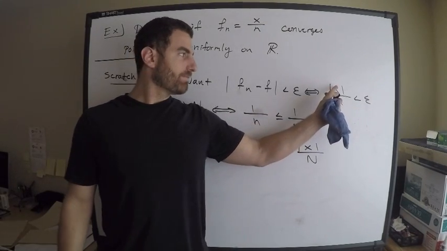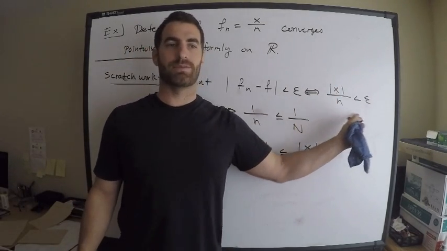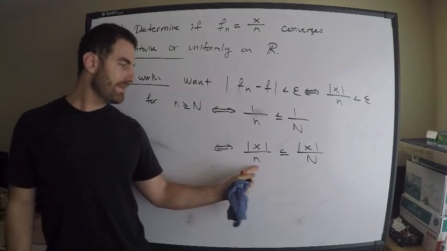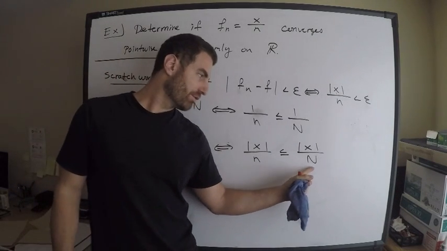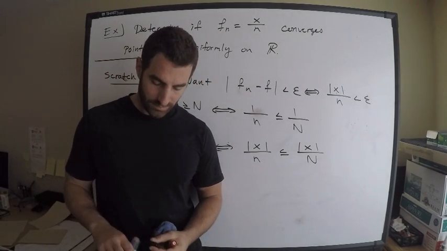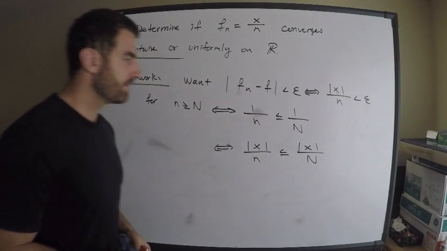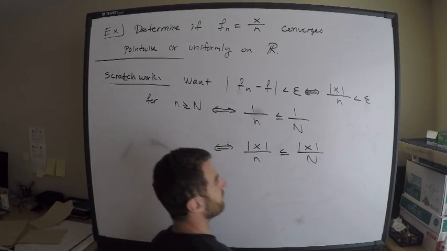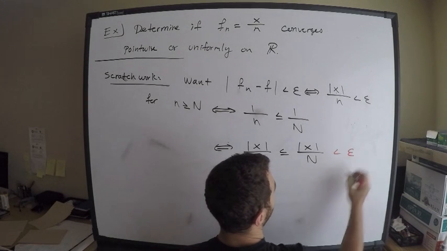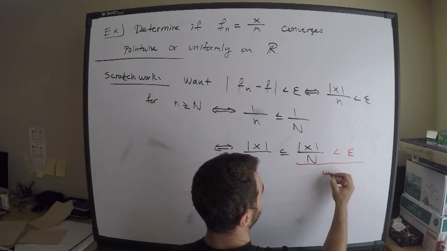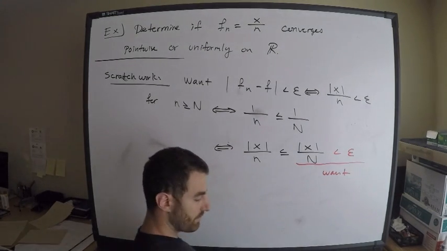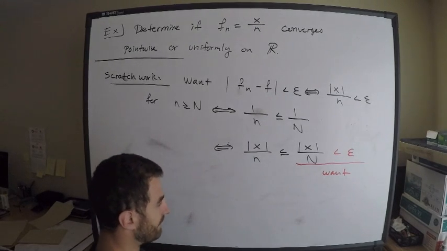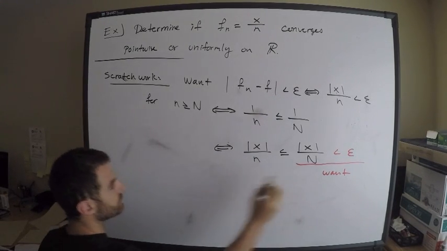We want absolute value of x over little n to be less than epsilon, but I don't have control over little n. Little n is going to be tending to infinity. I do have control over capital N. So this is why it's almost like cheating, I want this to be less than epsilon. This is what I want. So I'm going to work with that now. So when is this true?